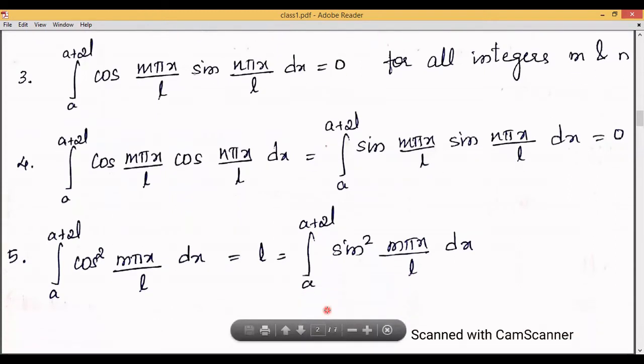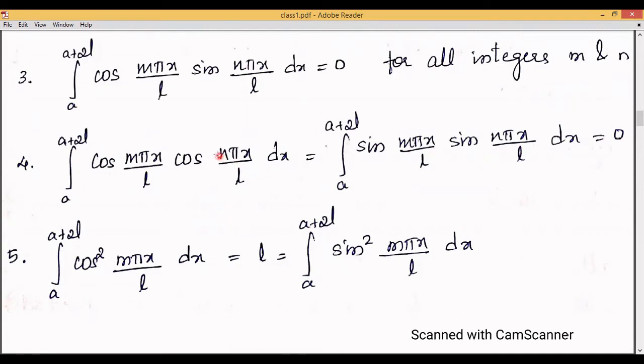And for the last one, the integral of cos²(mπx/L), or sin²(mπx/L), is equal to L between the limits a to a plus 2L. Here, when n becomes equal to m, that becomes cos²(mπx/L). If m is not equal to n, then this integral will be 0.